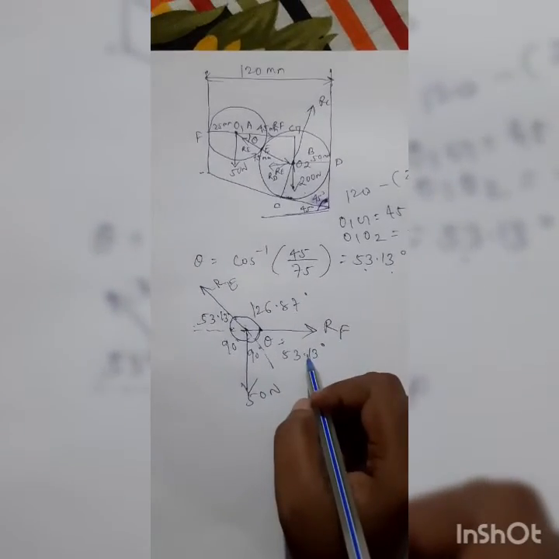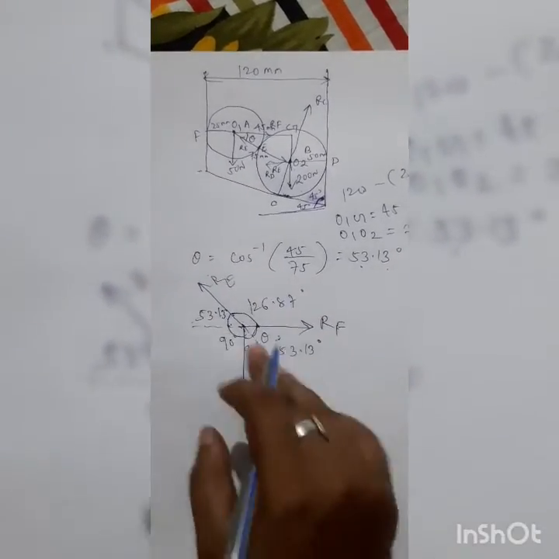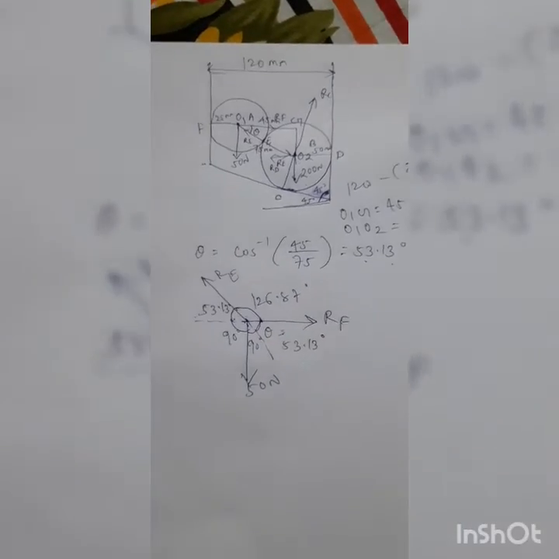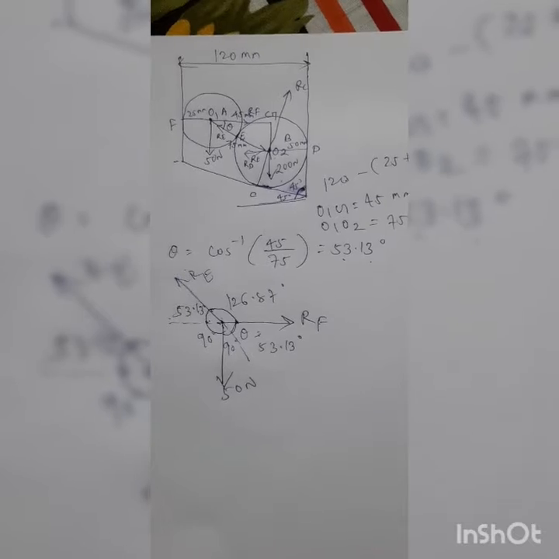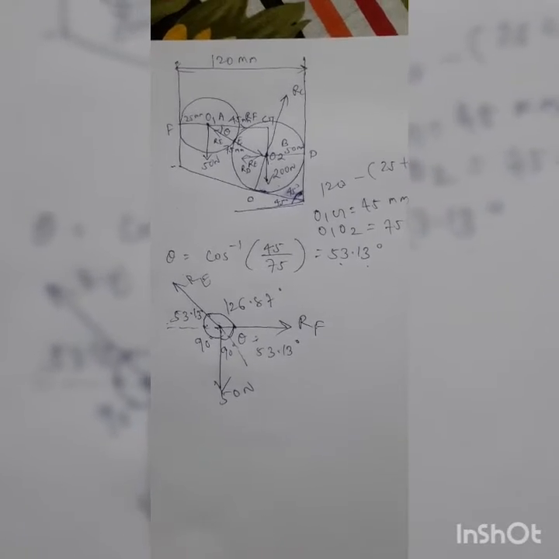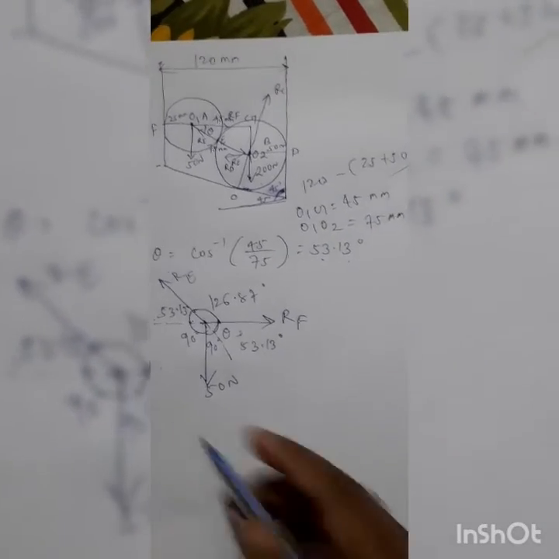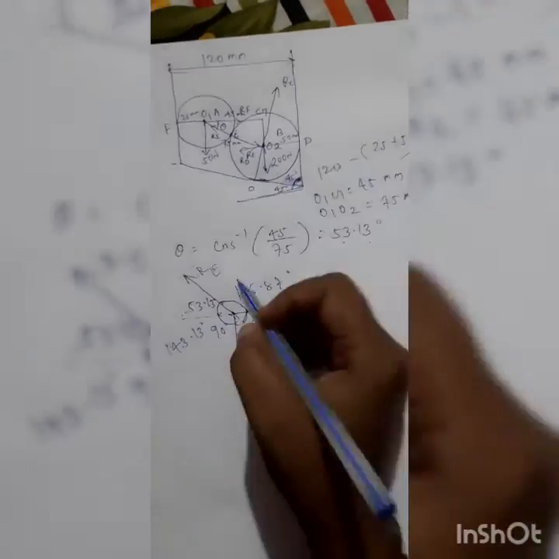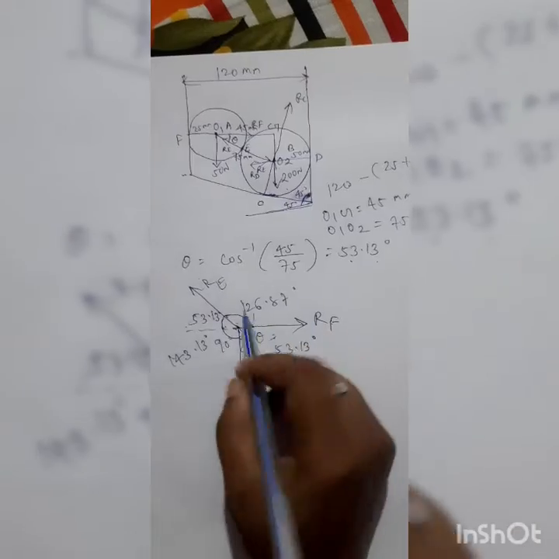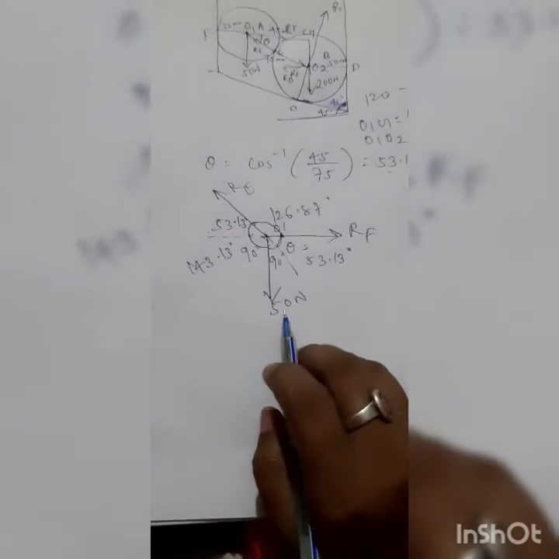Now we'll use Lamy's theorem. The total angle between RE and the weight of 50 is 90 plus 53.13, that is equal to 143.13 degrees. At this point, the center point O1, three concurrent forces are acting.